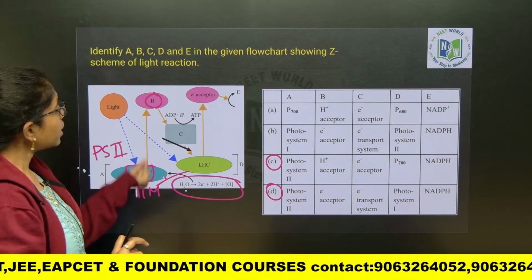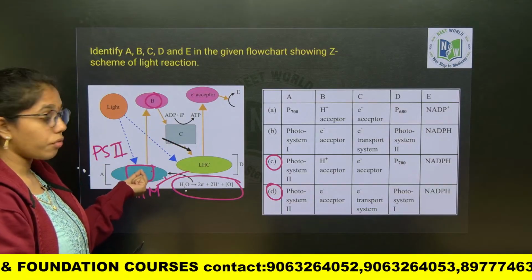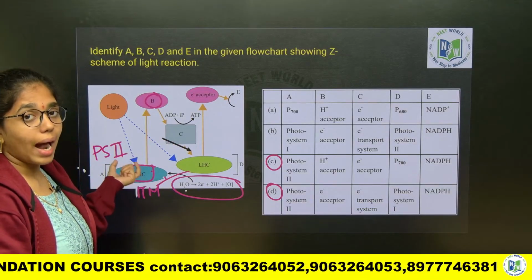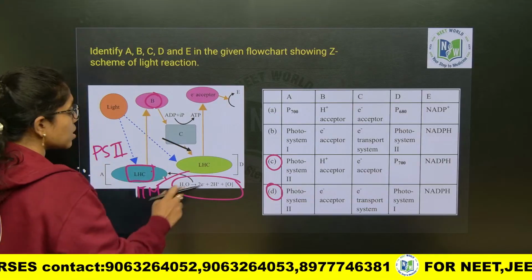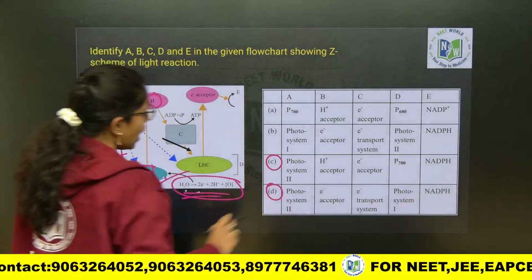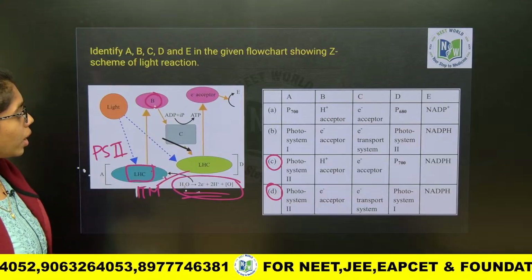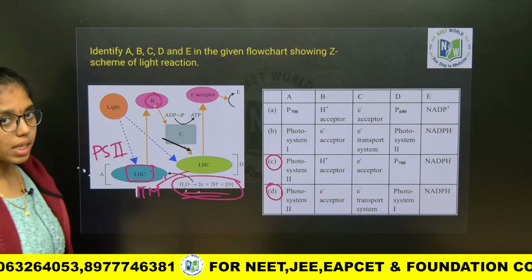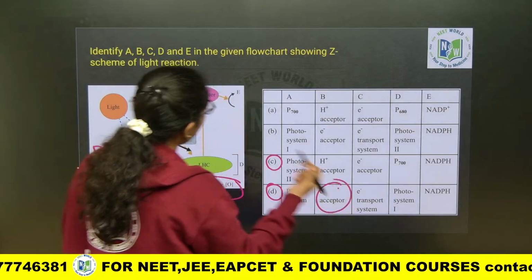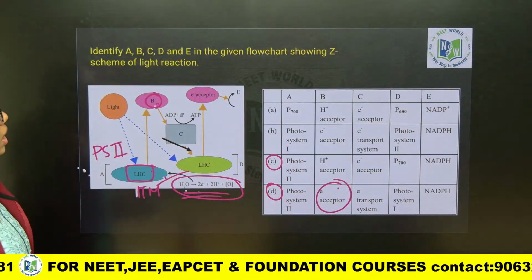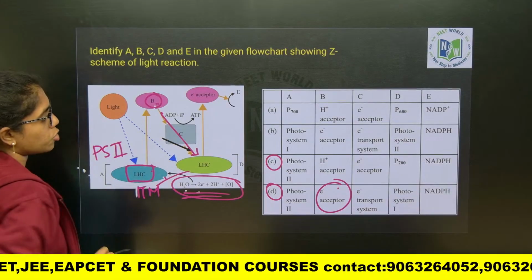There is a continuous supply of electrons from the antenna pigments to the reaction center, and that continuous supply is provided by photolysis of water, where electrons are submitted to this reaction center, that is B, the electron acceptor. Now look at C. C will be the electron transport system.